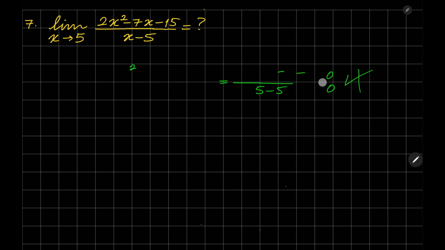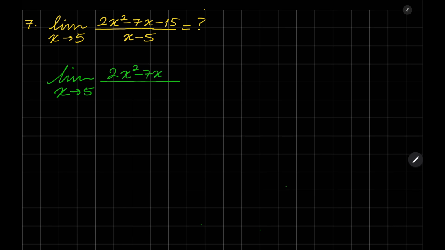Let me erase this part. Let's see what will happen when we use the factoring method. Then limit as x approaches 5 to x squared minus 7x minus 15 divided by x minus 5 is equal to limit as x approaches 5.